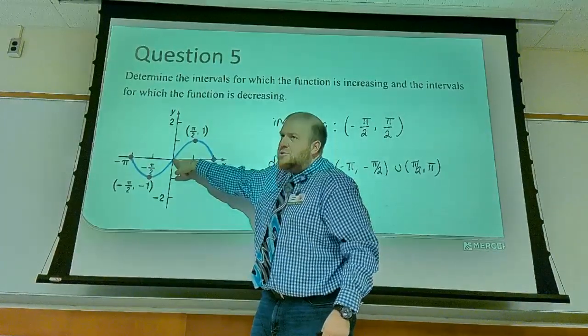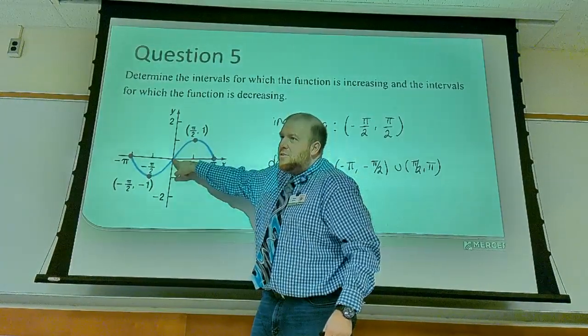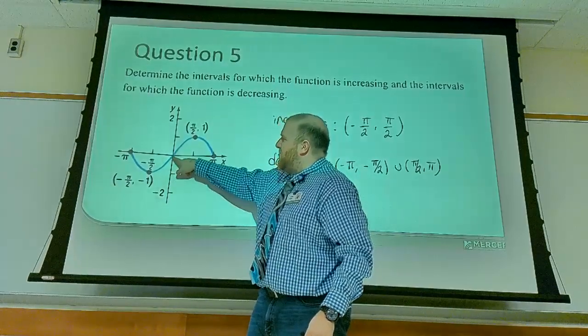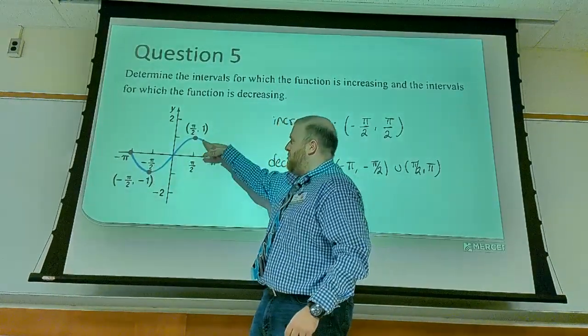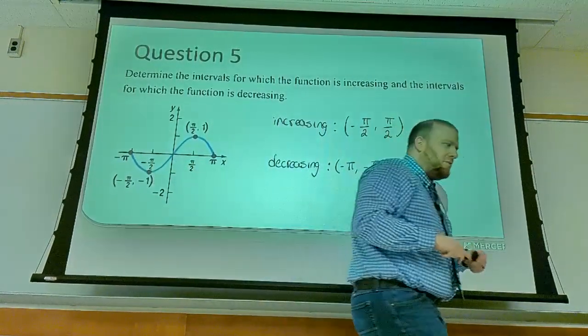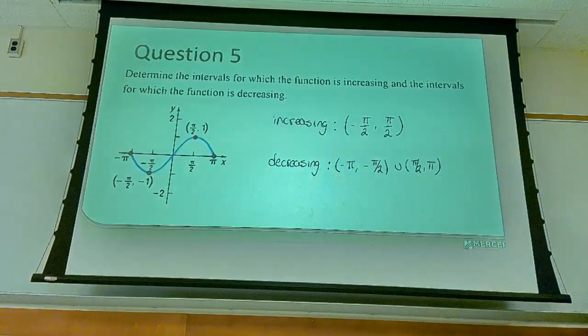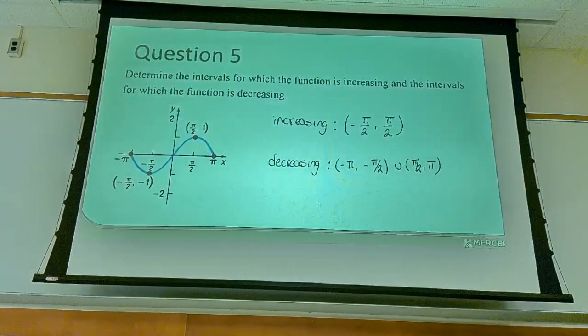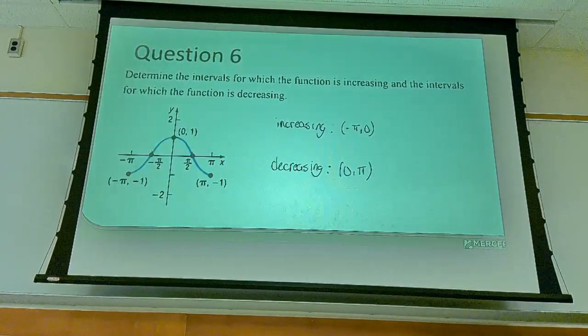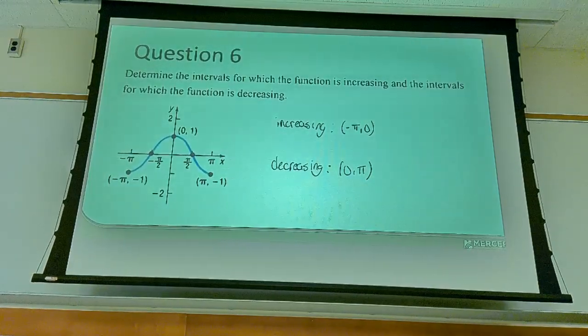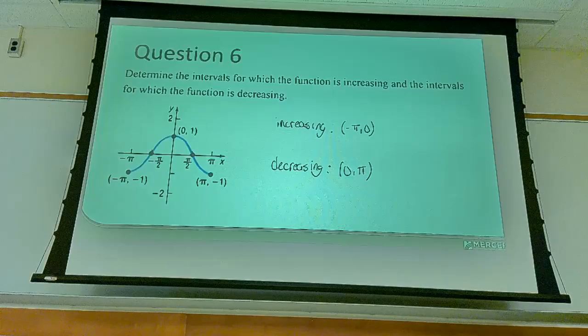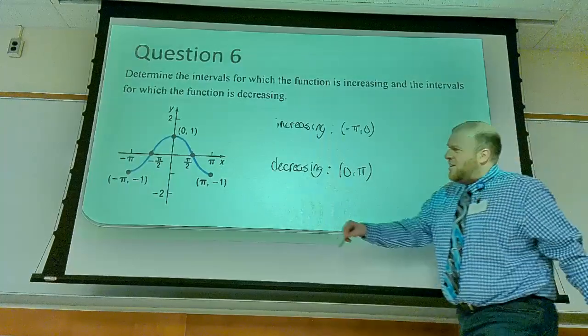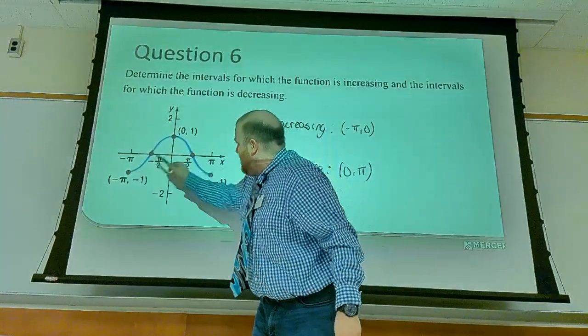If I remember my calculus correctly, concave up is this interval and this interval. Concave down is that interval. Generally speaking, concavity switches kind of in the middle. Not always, but generally speaking.